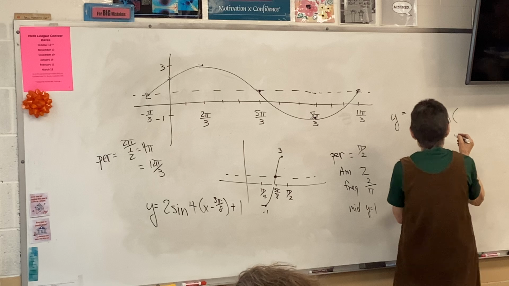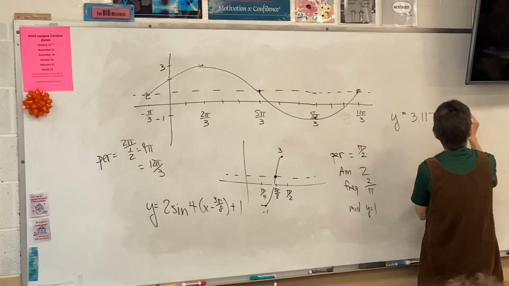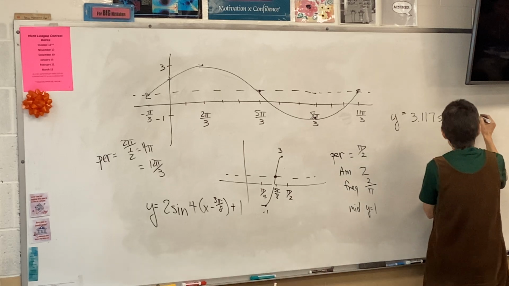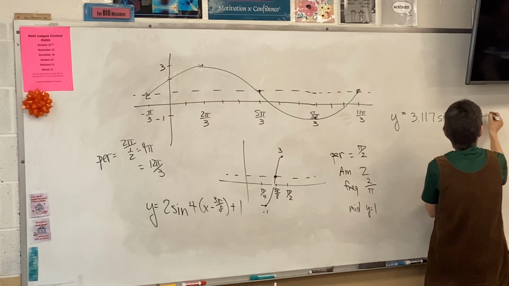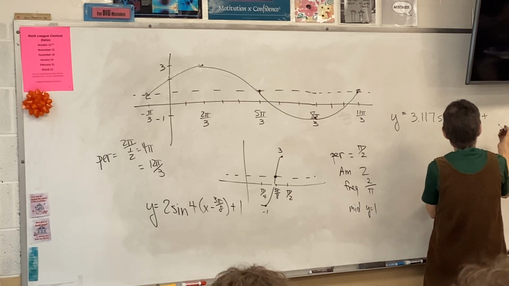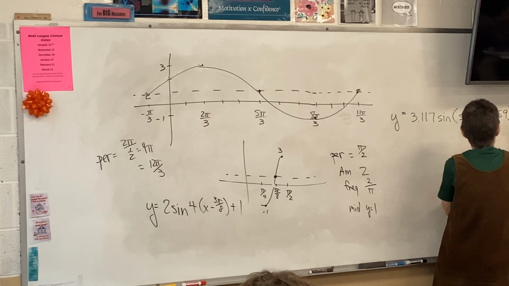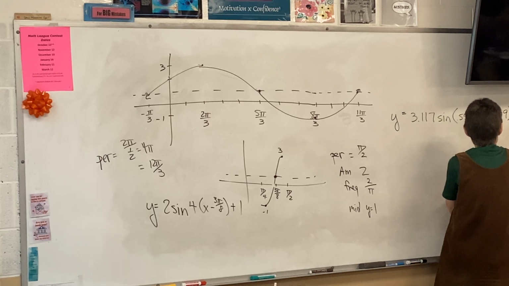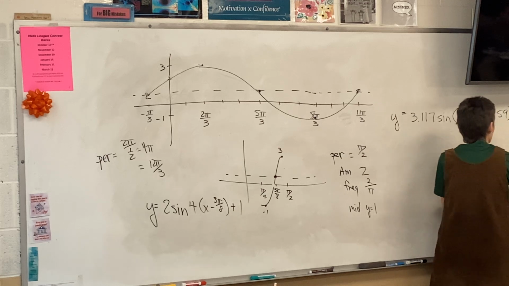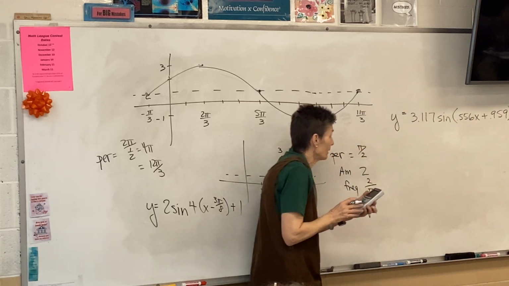Sine, okay, what was your B? 0.5557. I mean in thousands, but yeah. And then what was your C? 0.959. Good. And then your vertical shift out here, your 1. 8.108.